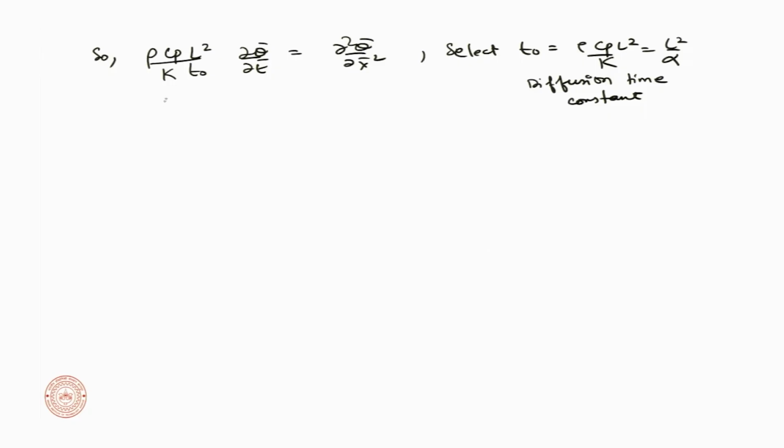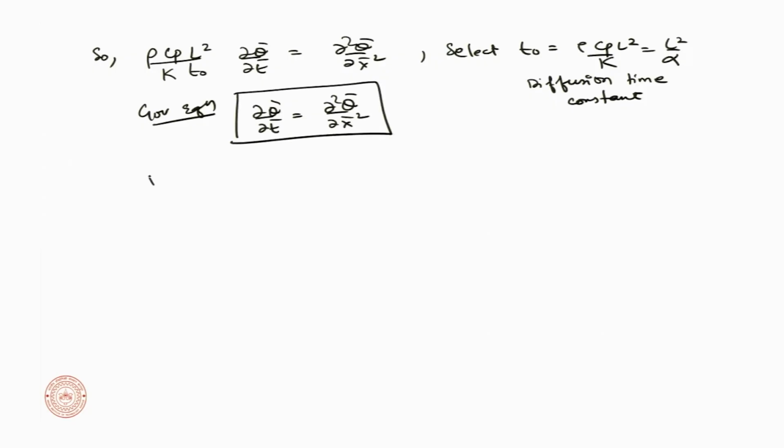Okay. All right. So, if we substitute this t naught into our governing equation, it will become del theta bar by del t bar equals del square theta bar by del x bar square, and our initial condition will be theta bar at x bar comma 0 equals 1, since T hot maps to 1.